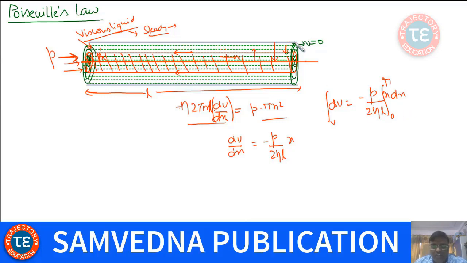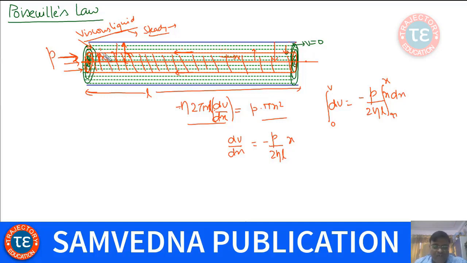we know the velocity at x equal to r. The velocity at x equal to r is say 0, where r is the radius of the cross section. And when x is x, the velocity is v.